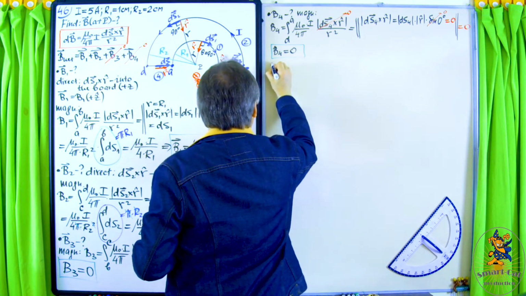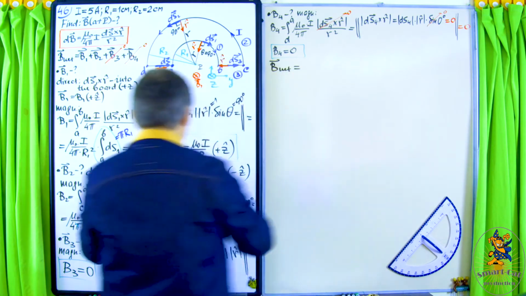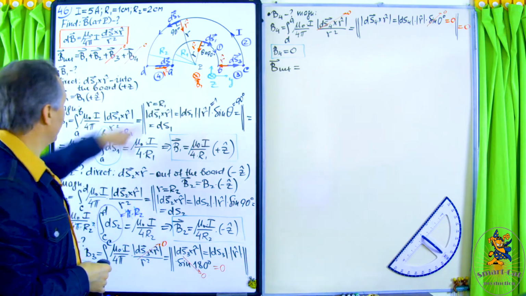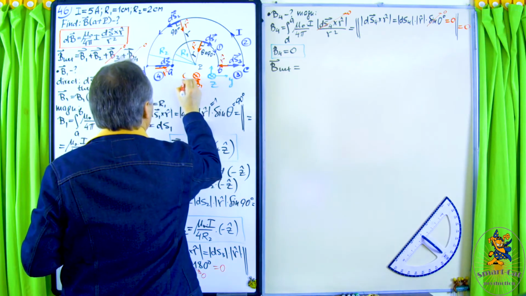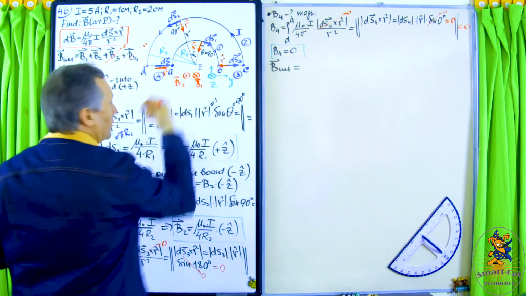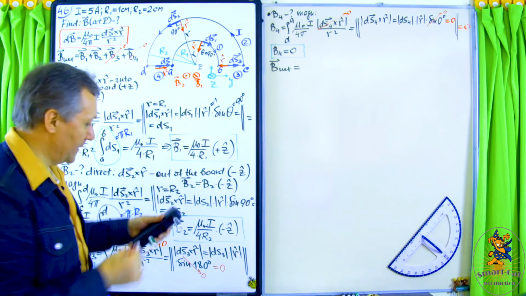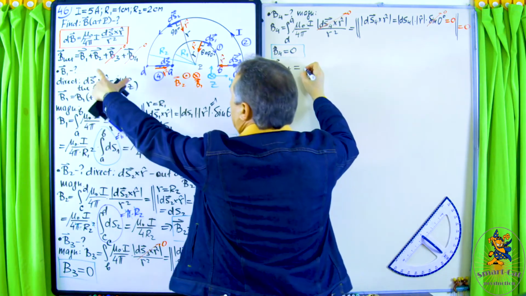So finally, B net equals, you know what, we found B2, but I didn't show it on the picture. Let me just add it. B2's direction, of course, will be represented by the dot because it's out of the page, out of the board. So it will be B1 plus B2.